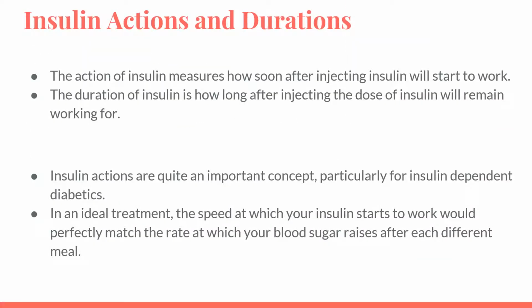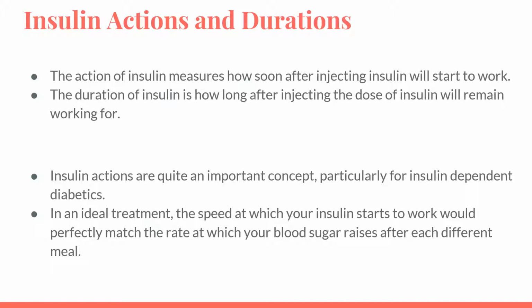The action of insulin measures how soon after injecting insulin will start to work. The duration of insulin is how long after injecting a dose of insulin will remain working. Insulin actions are quite an important concept, particularly for insulin-dependent diabetics.